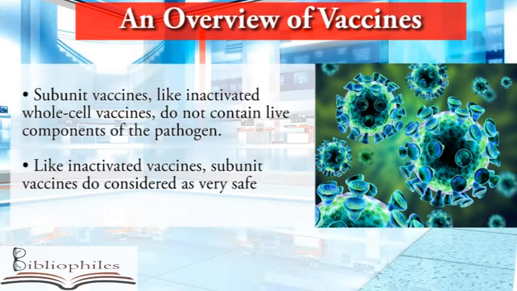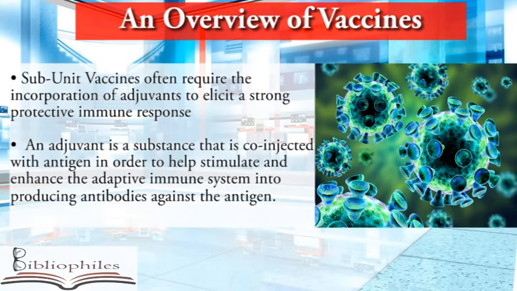Like the inactivated vaccines, subunit vaccines are considered very safe. However, subunit vaccines often require the incorporation of adjuvants to elicit a strong protective immune response, because the antigens alone are not sufficient to induce adequate long-term immunity.